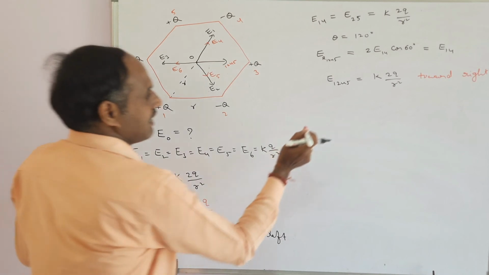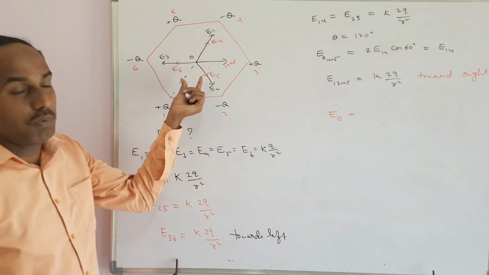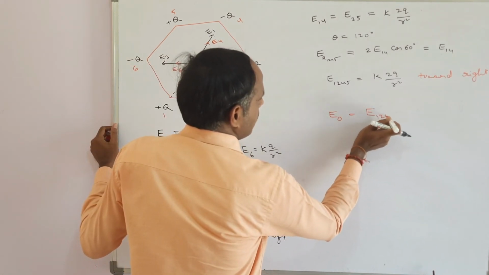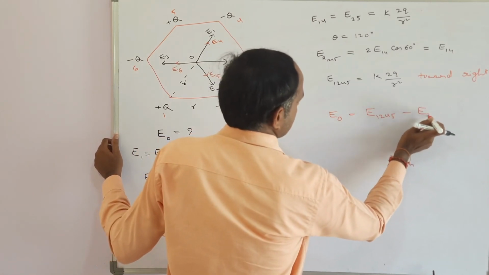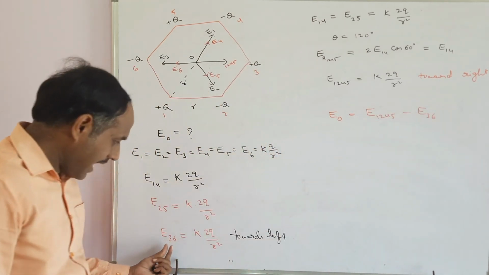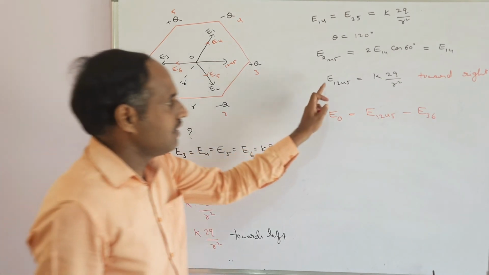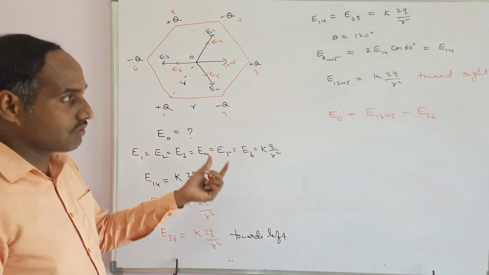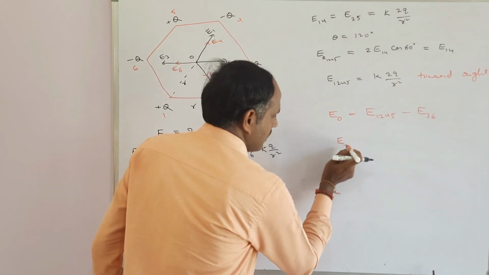So the resultant electric field strength at the center of this regular polygon is the difference of the two, nothing but E1245 minus E36. If you are observing here, the magnitude of E36 is K2Q by R square, as well as E1245 is also K2Q by R square, which means they are equal in magnitude but opposite in direction.